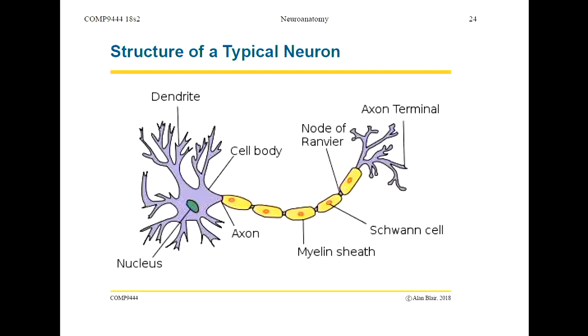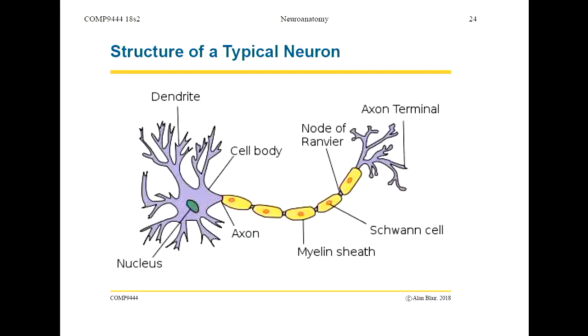So you get these long bits that are stretching out that are called dendrites. Dendrite comes from the Latin word for a tree. All of this is based on Latin words. And there's the nucleus, then the dendrites, and then there's an axon. There may be multiple dendrites, and then there's this axon.